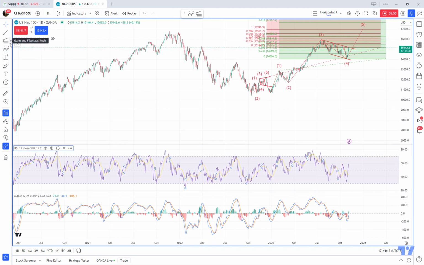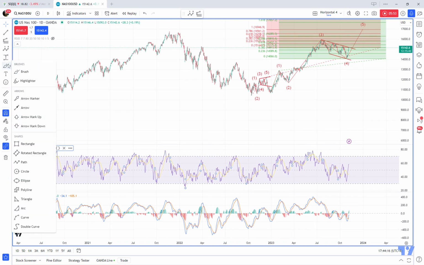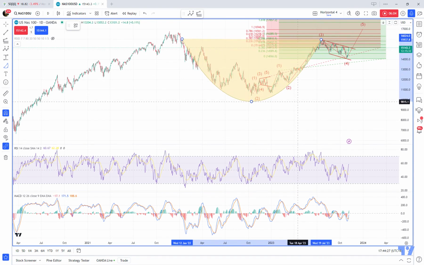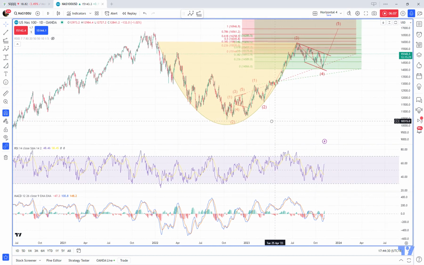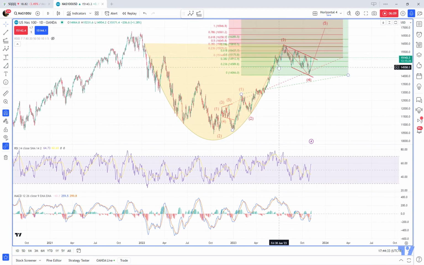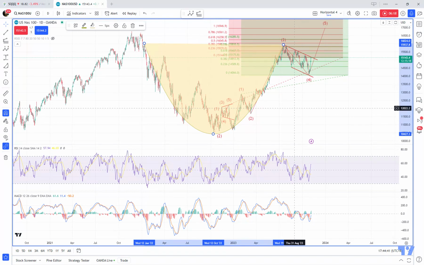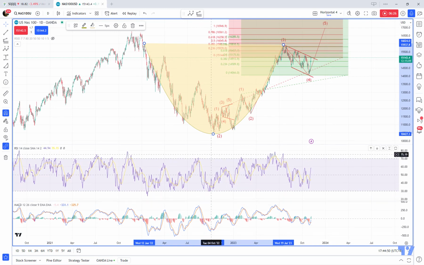And then what else are we seeing over here? Let's see this. Do you see a cup and a handle? If we draw this, I would say that there is a very good reason, technically speaking, for this Nasdaq to go up.